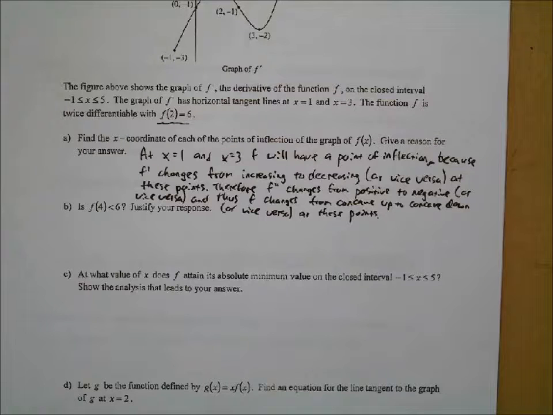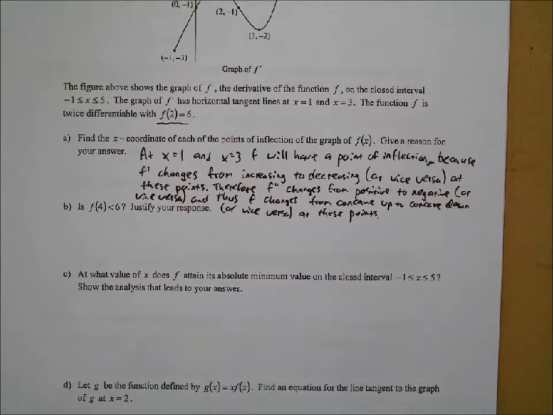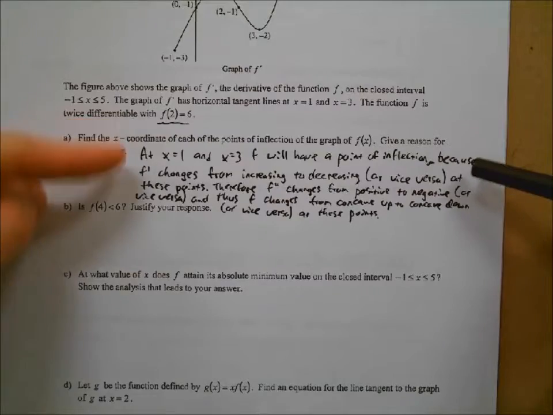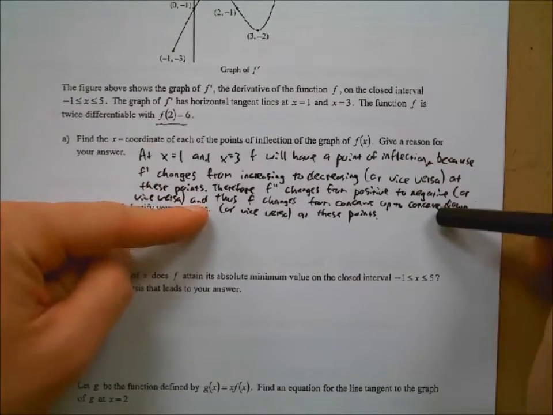But this is not a wrong chain of reasoning, right? Since we know that f prime is changing from increasing to decreasing, therefore its derivative, f prime prime, will change from positive to negative, or vice versa, at those points. And thus f will be changing from concave up to concave down. So that is literally reasoning from what we're given to what we're trying to show, kind of like a proof, right?